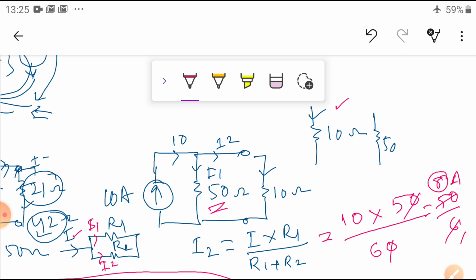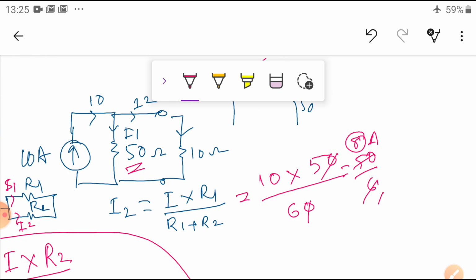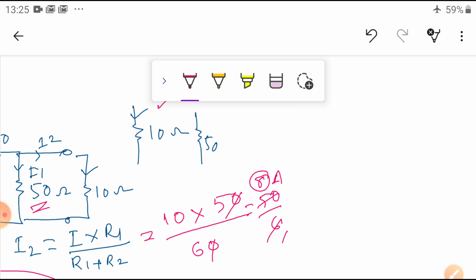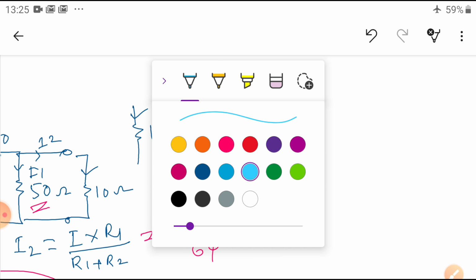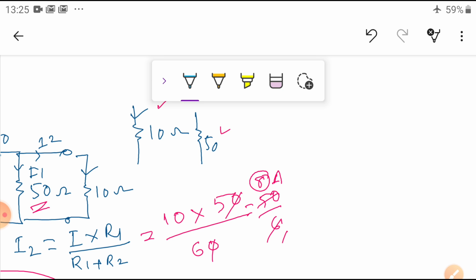Now if I connect the 50 ohms instead, what is the current?